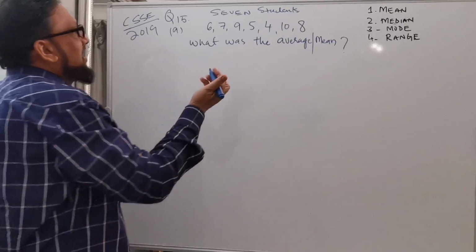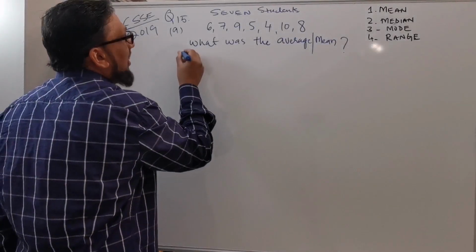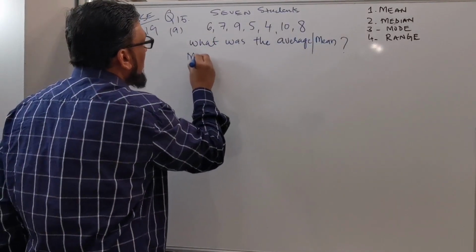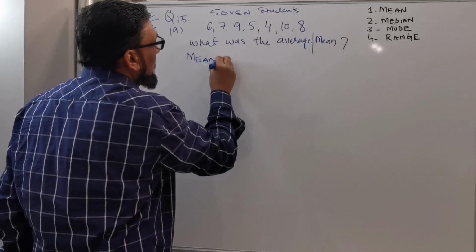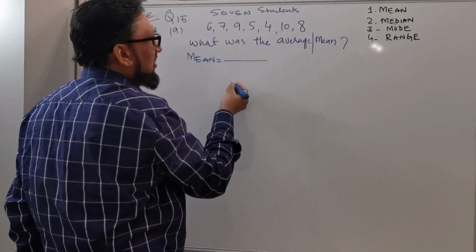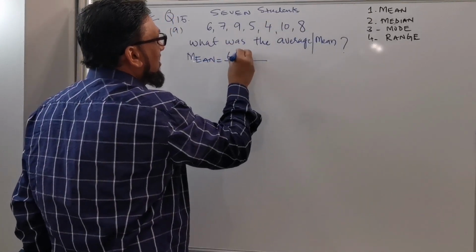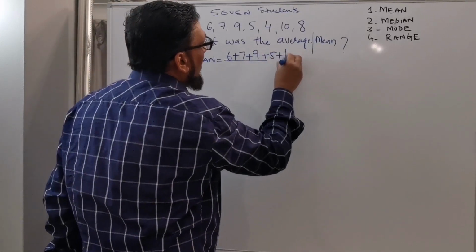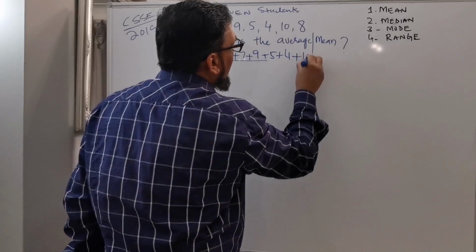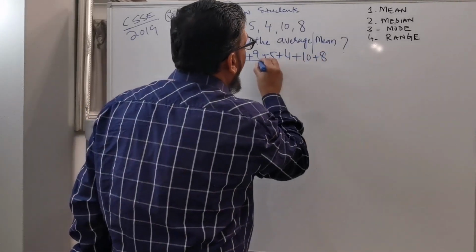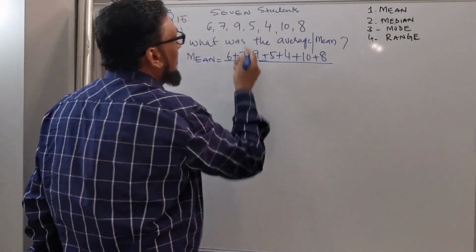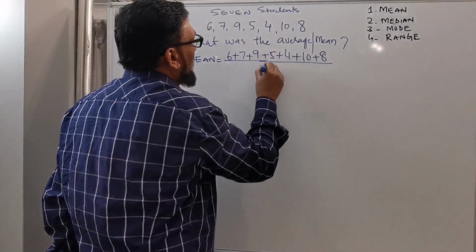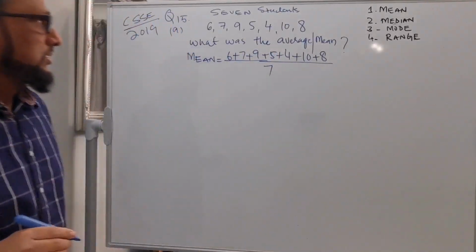So what we do, as per the mean, is very easy. The mean is equal to the sum of the data, which is 6 plus 7 plus 9 plus 5 plus 4 plus 10 plus 8, divided by the number of pupils, which is 7.